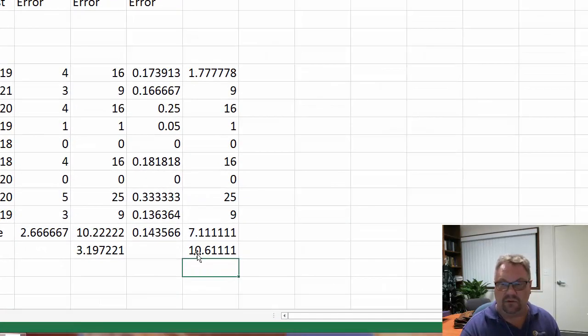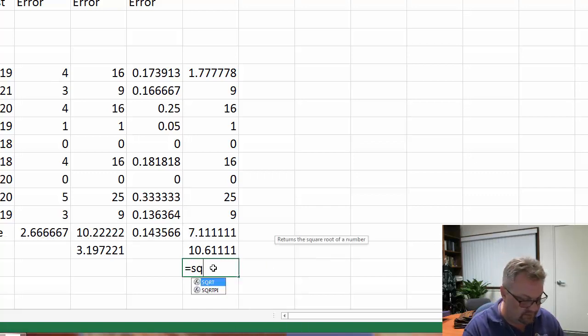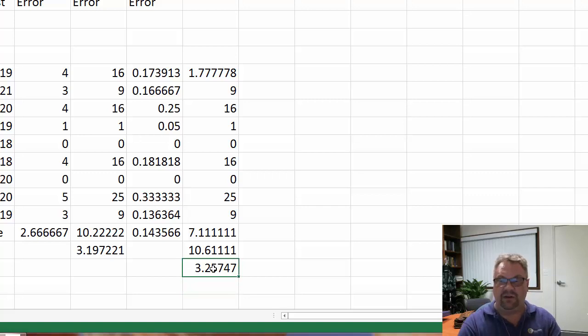There. So that would be the variance of my ABS forecast error. And then I could just take the square root of this. That would give me the standard deviation of the ABS forecast error.